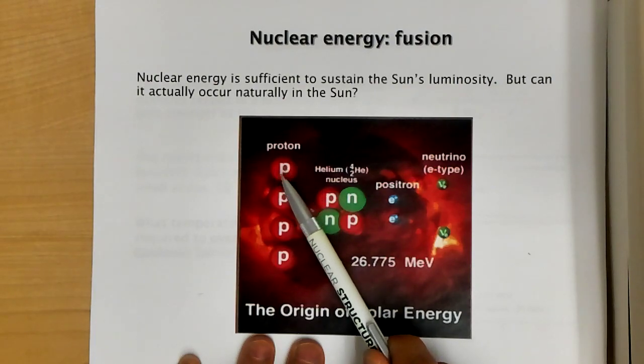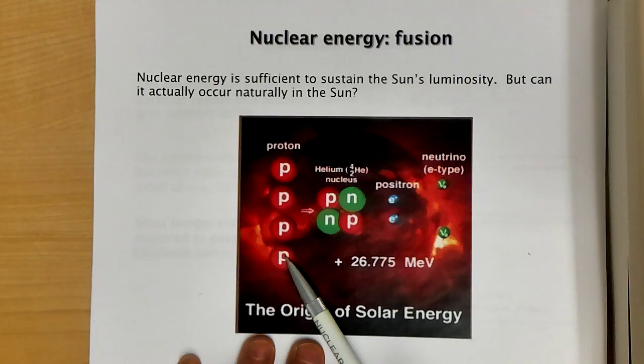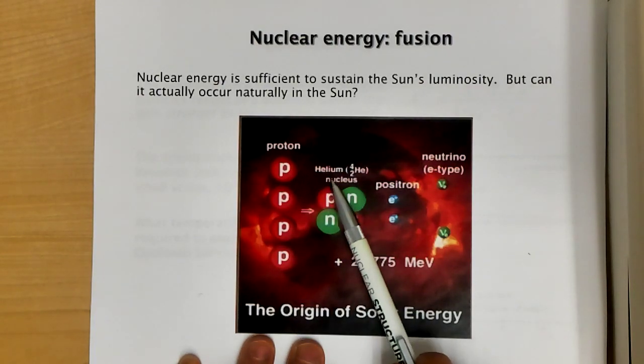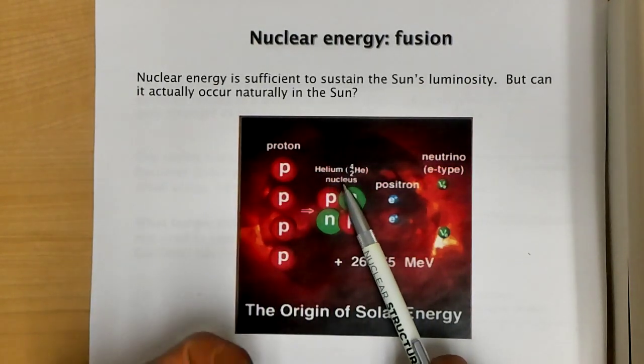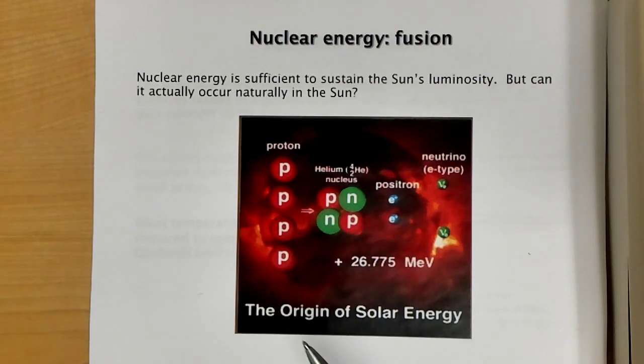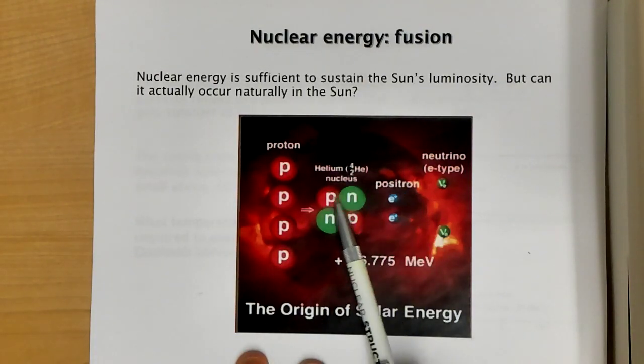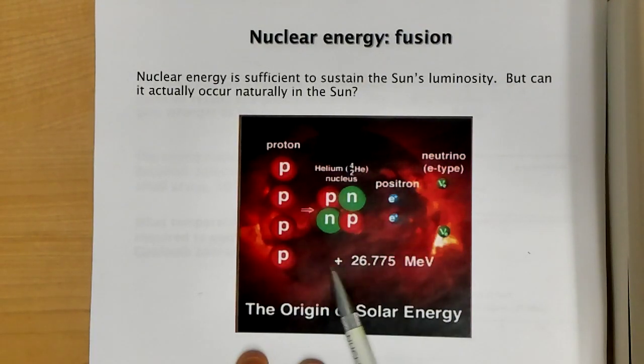You can imagine burning this hydrogen to helium, which is more stable in the configuration. Helium-4 has 2 protons and 2 neutrons. If we go from 4 protons to helium-4 plus some other stuff, we find that we can release about 27 mega electron volts of energy.